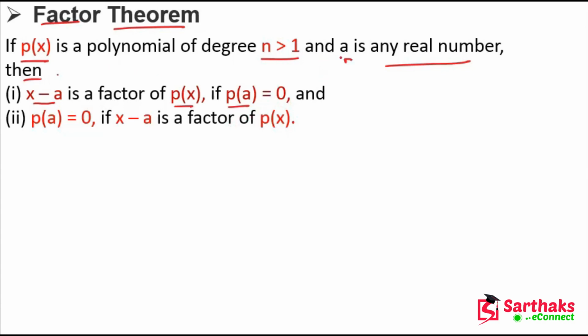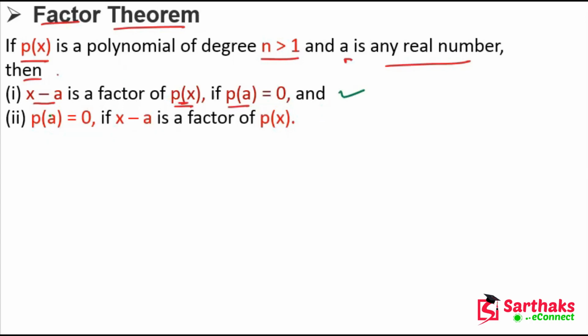Means if we put the value of a in the polynomial in place of x, and the result is 0, then we can say that x minus a is a factor of this polynomial.